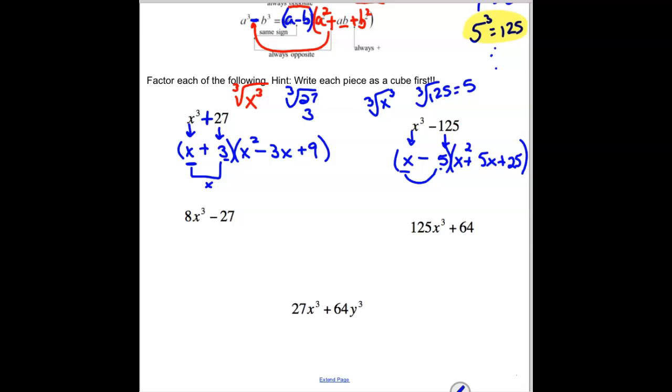Now for this next one, notice that there's an 8x cubed, but we can cube root 8x cubed. It's just the cube root of 8 and the cube root of x cubed. So the cube root of 8 is 2, the cube root of x cubed is x. We're going to have a 2x. The cube root of 27 is 3, and we keep the sign that we started with. So that's the first part. Now I'm going to build the trinomial.